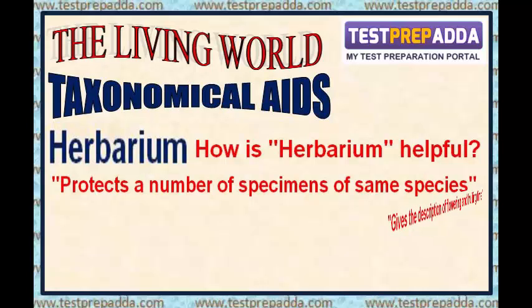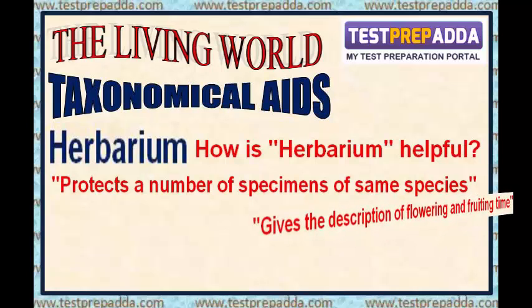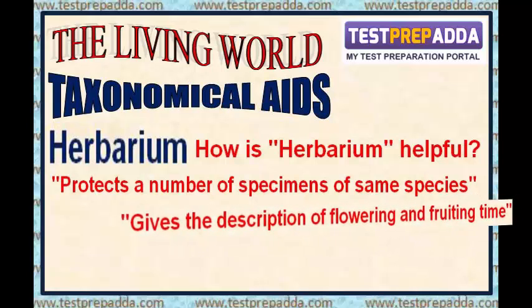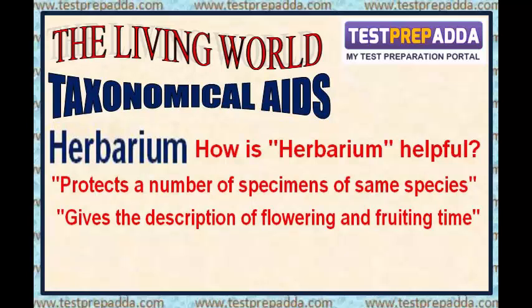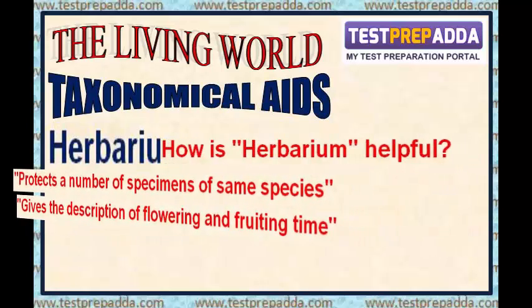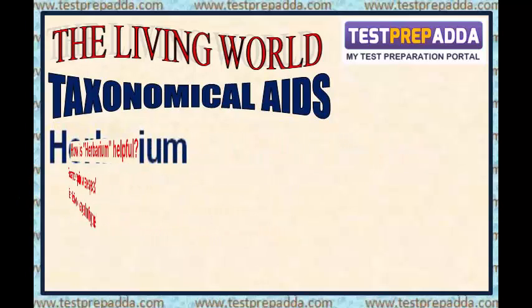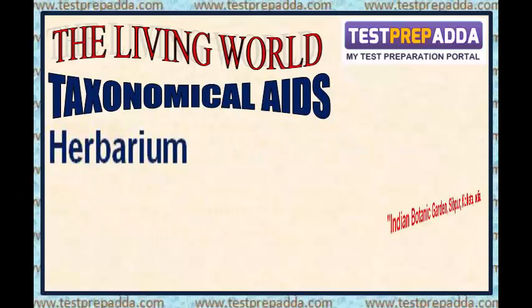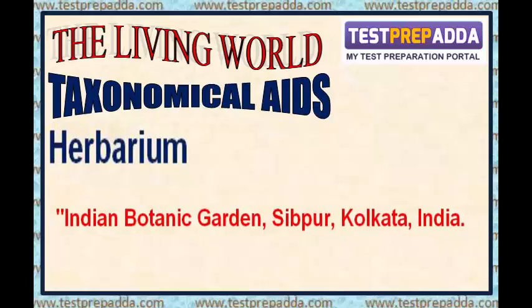Herbarium gives the description of flowering and fruiting time, along with phenology of plant. Dear students, the largest national herbarium and biggest herbarium in Asia is the Indian Botanical Garden at Shibpur, Kolkata.